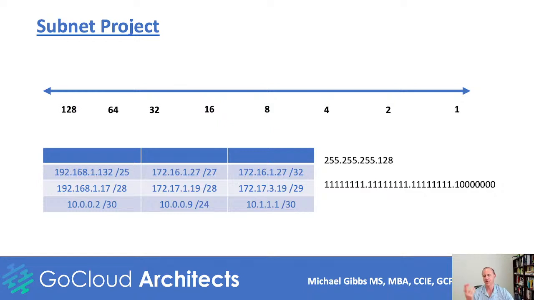But it's not divisible by 192 with a whole number. So you need the largest whole number. What do I mean by that? 128. So it must be there.